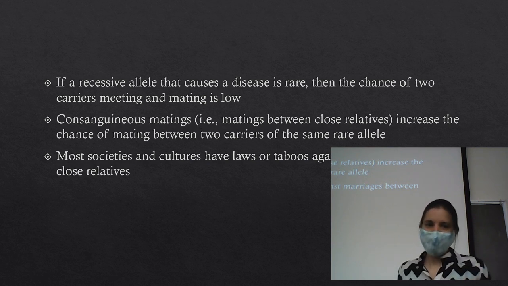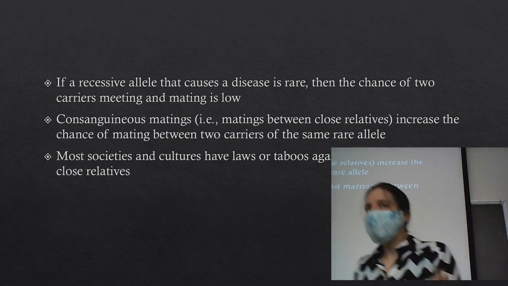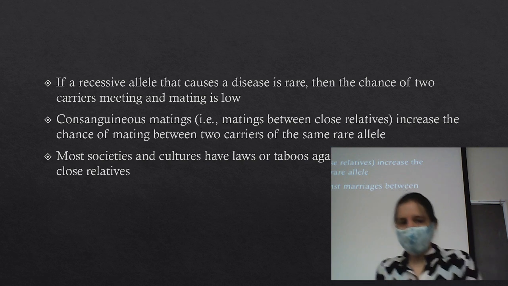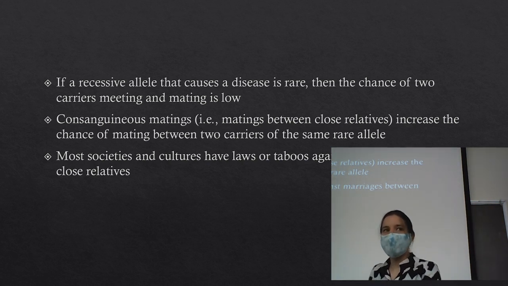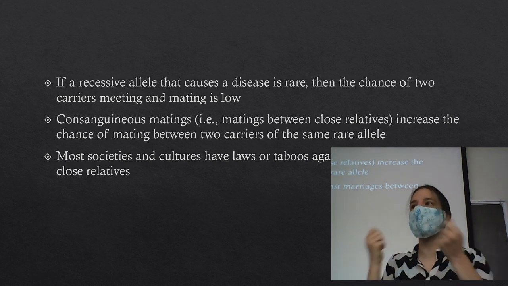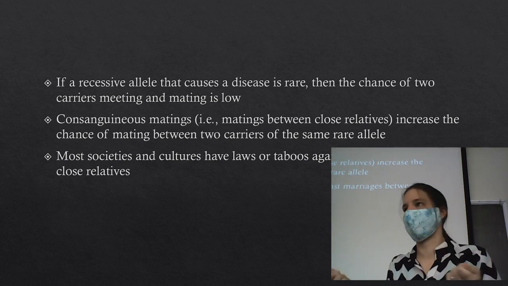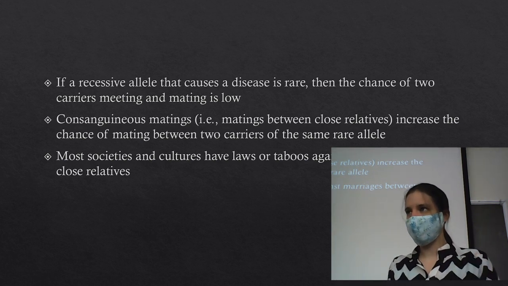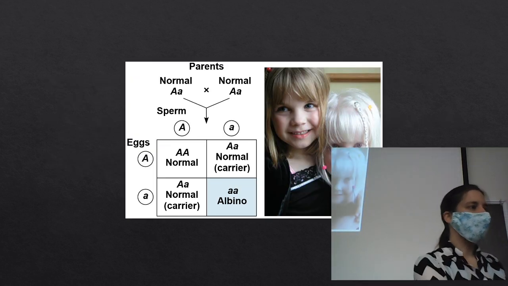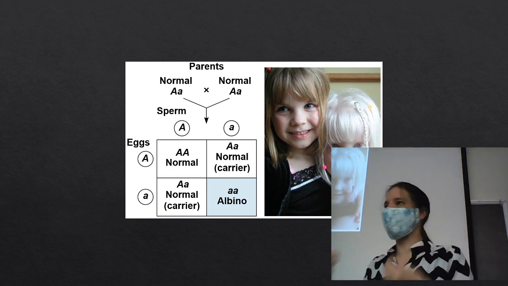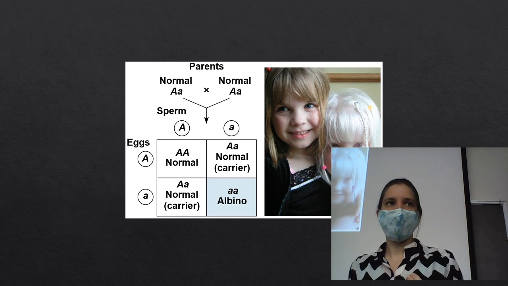However, if close relatives mate, the chance that you both carry the same rare allele goes way up because you both have the same parents or similar genetics. Do you see this? Albinism isn't deadly, but if siblings, it's a lot more likely that they're carriers for the same thing, right?